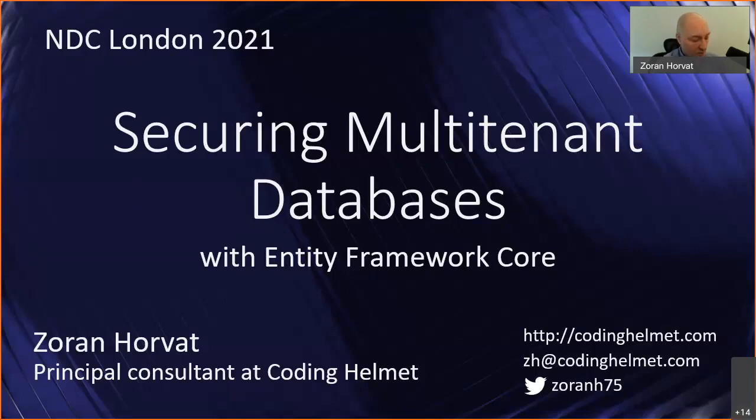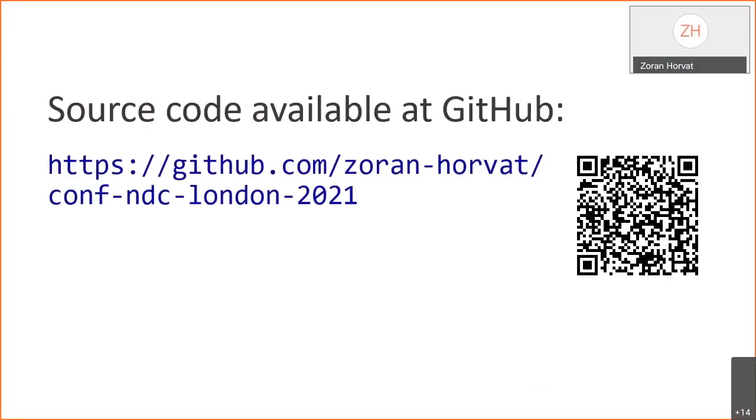There will be plenty of code, and you can download the code from GitHub. There are 4 stages, 4 separate solutions there, and you will be able to track how each of the security models, security implementations copes with the problems in this application.